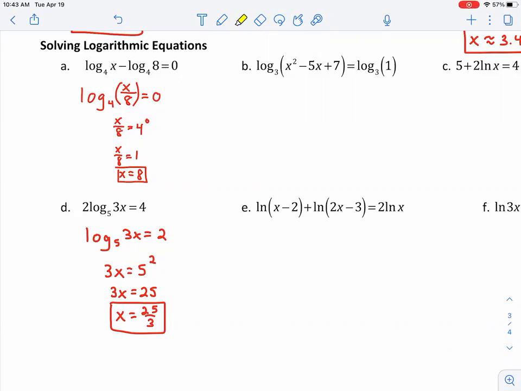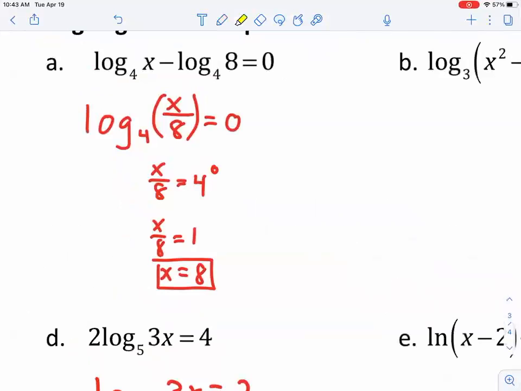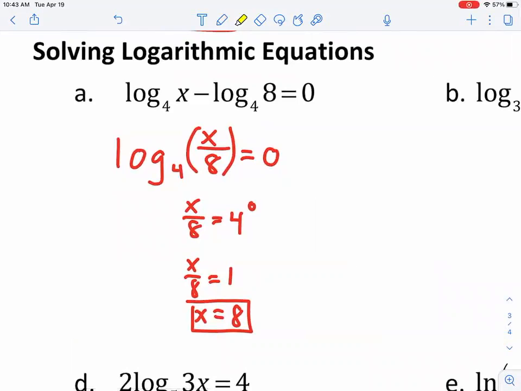Here's how you have to check for extraneous solutions. Whatever you plug into the log cannot be a negative number. So for example, 8 is a perfectly acceptable answer, because if I plug 8 in for x, that is perfectly fine. I can take log base 4 of 8.